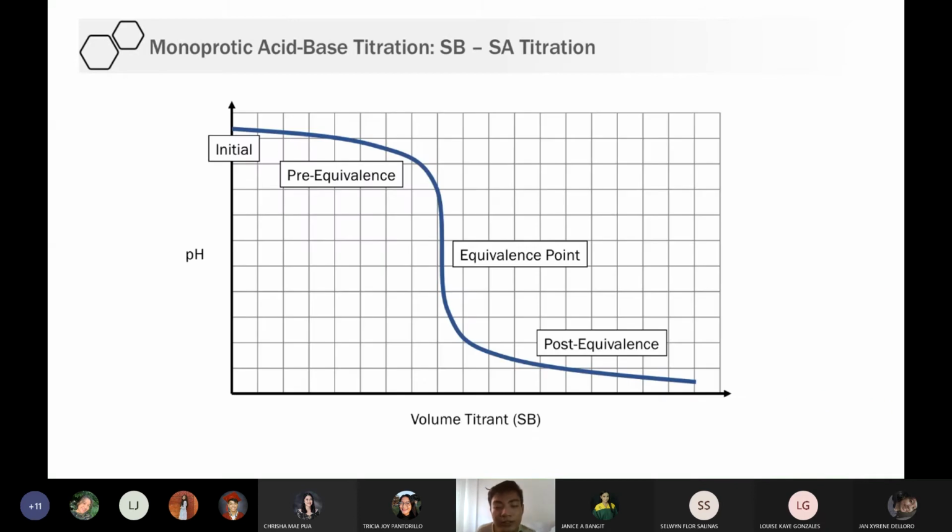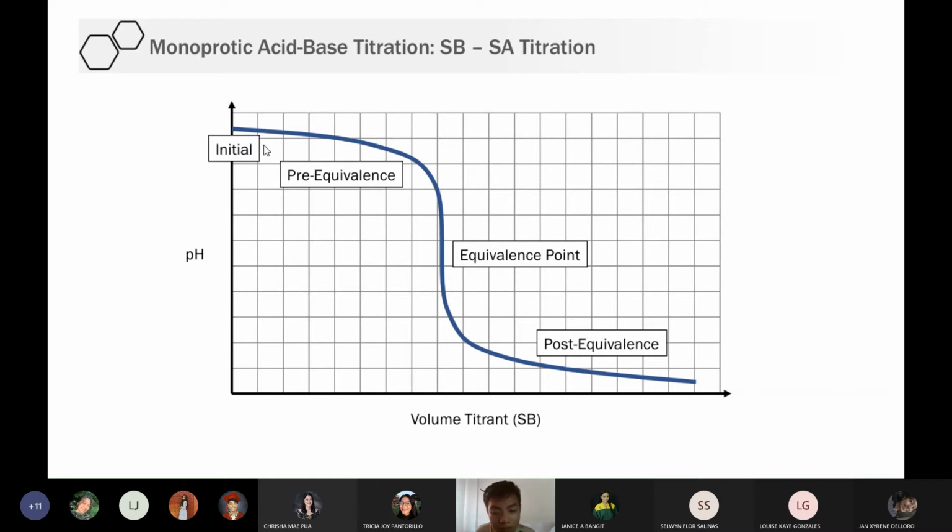Okay, so if you graph the titration curve, it looks like this. Parang binaliktad siya sa kanina. Diba, kanina we started sa baba, and we ended up sa taas. Ngayon, we started sa taas, and we will end up sa baba. Okay, kasi base meron tayo eh. So, kailangan mataas pH.